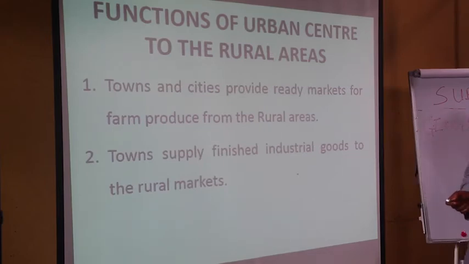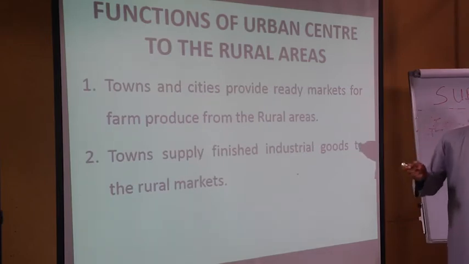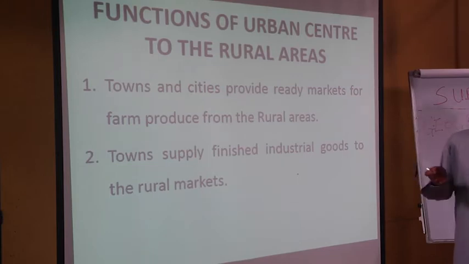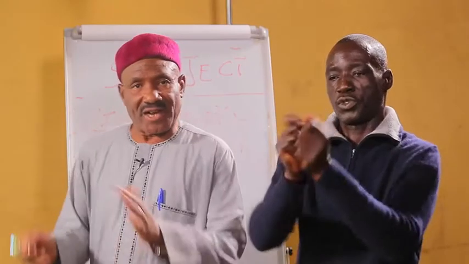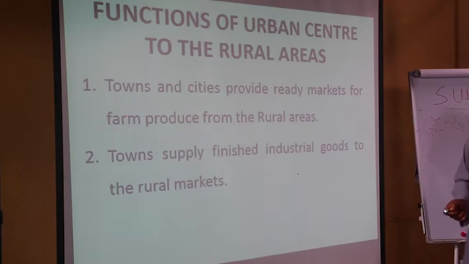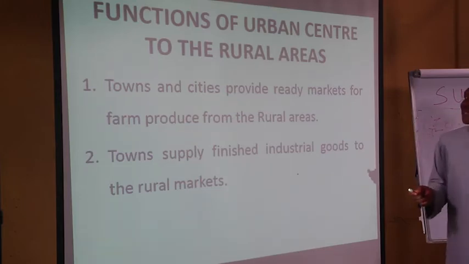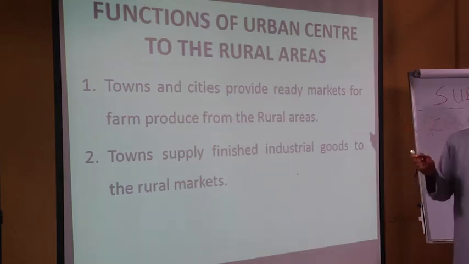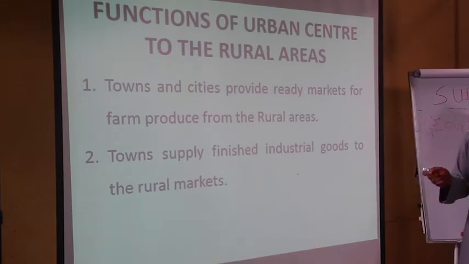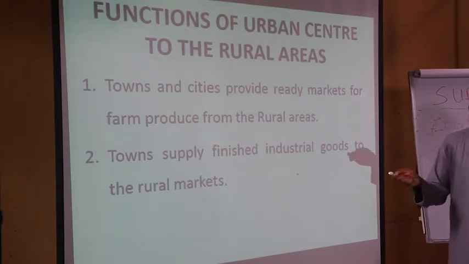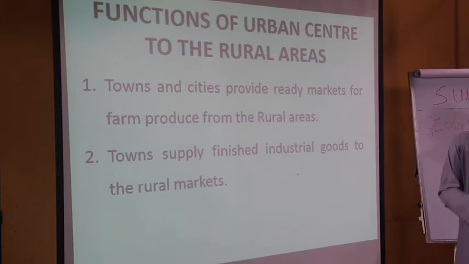The function of urban centers to rural areas this time around is vice versa. One, towns and cities provide a ready market for farm produce from the rural areas. Two, towns supply finished industrial goods to the rural market.